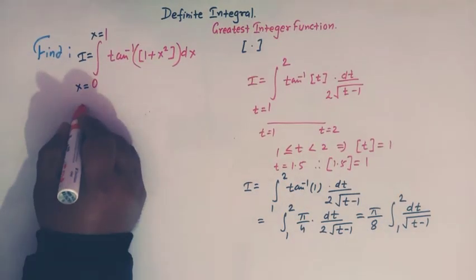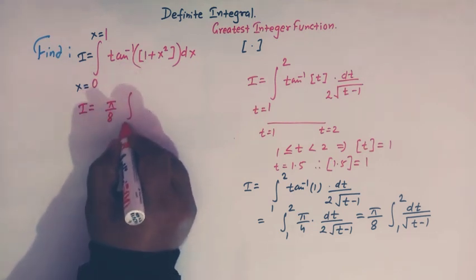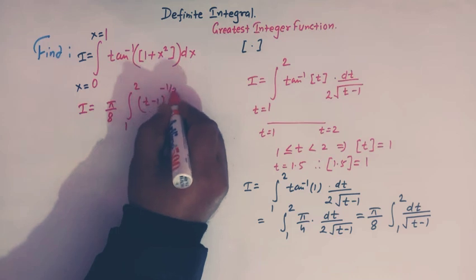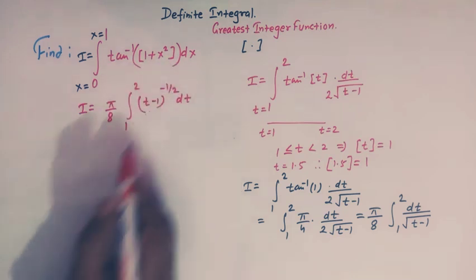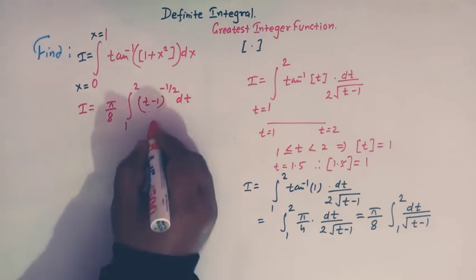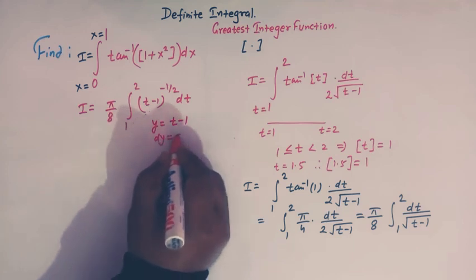Now this integral I can be written as pi over 8 times the integral from 1 to 2 of t minus 1 raised to minus half dt. Now here again we can make use of the method of substitution, and we can take y is equal to t minus 1, so dy is equal to dt.